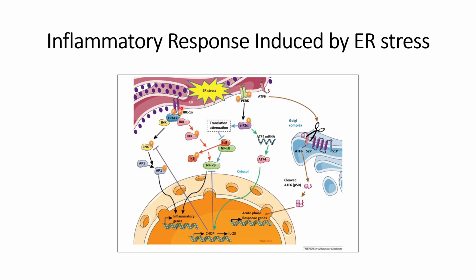Let us now discuss IRE1 alpha. Whenever the IRE1 alpha signal is activated because of ER stress, it will interact with TRAF2, and that will interact with JNK and IKK. First we will discuss the IKK part. Phosphorylation of IKK will lead to more formation of nuclear factor kappa beta, and this will lead to an inflammatory gene response.